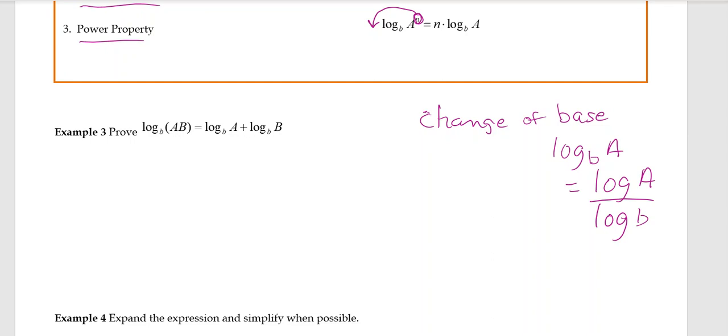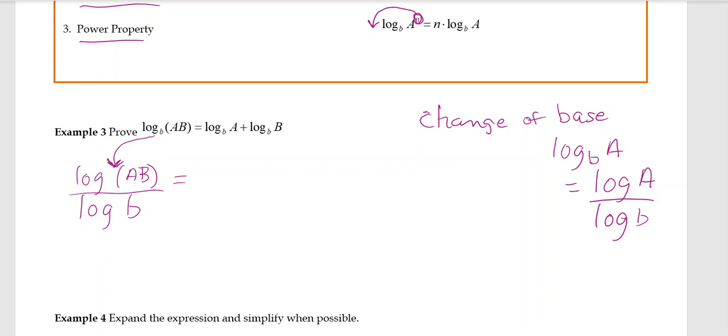So let's put that to work here. So let's see what's going to happen on our left side here. We're going to operate on that first. So if we apply the change of base rule on both sides here, what we're going to have on the left side is the log of AB over the log of the little b, and I'm just applying the change of base formula, and I'm going to apply it on the right side as well.